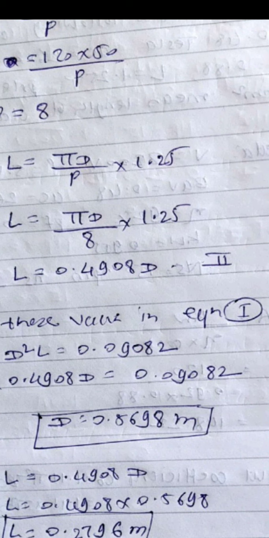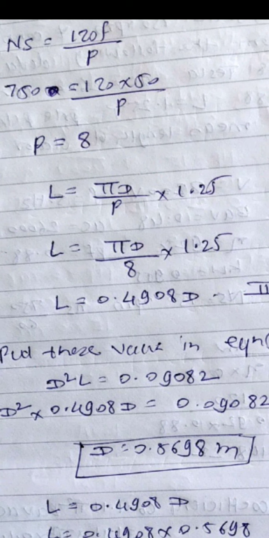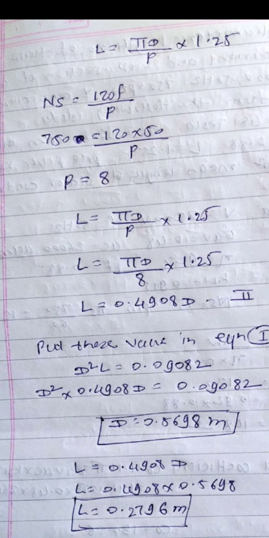Put equation number 2 in equation number 1 to get the value of D. The first equation is d square L is equal to 0.09082. Put the value of L from equation 2, and it becomes d square into 0.4908 D.